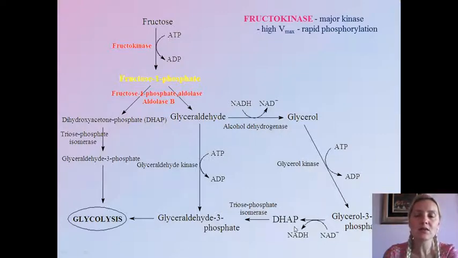So in this reaction, glycerol 3-phosphate is converted to DHAP, and thus it's an intermediate of the glycolytic pathway. It can be isomerized by triose phosphate isomerase to glyceraldehyde 3-phosphate, which can continue the glycolytic pathway further on. So this is how fructose can be involved in glycolysis in liver cells.